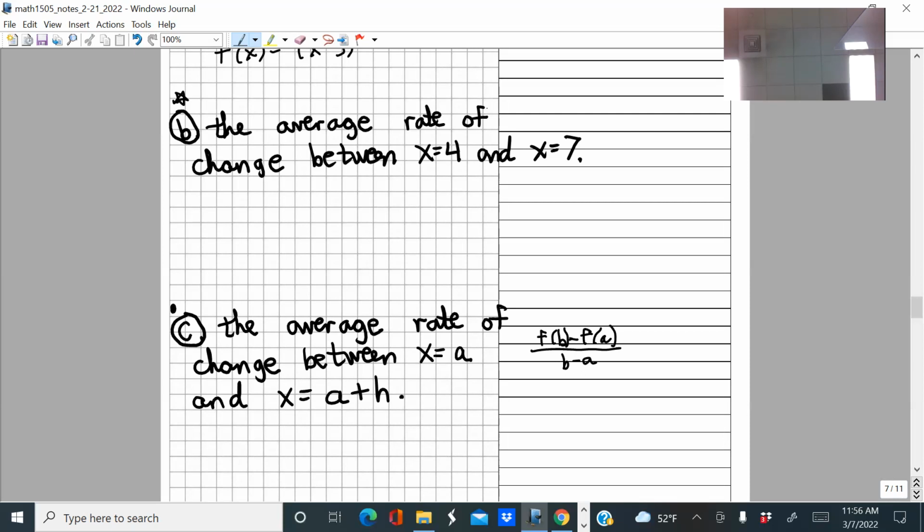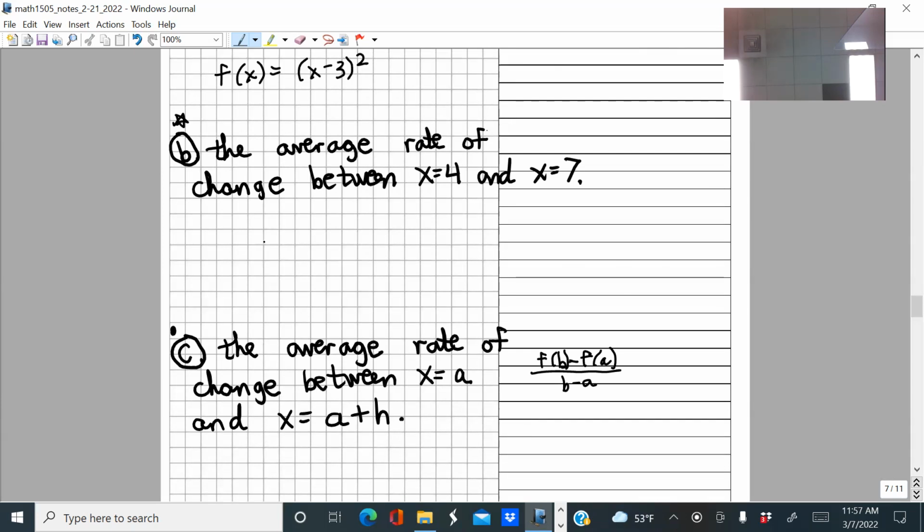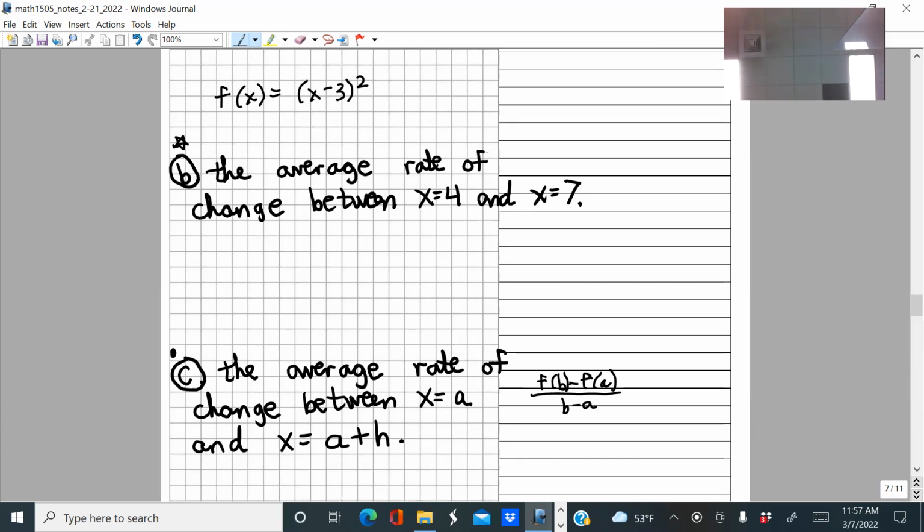There's the formula for the function. So you're all good at slope.